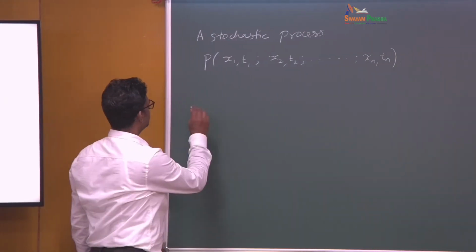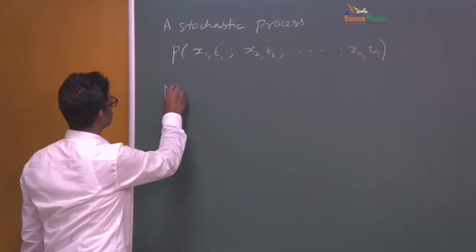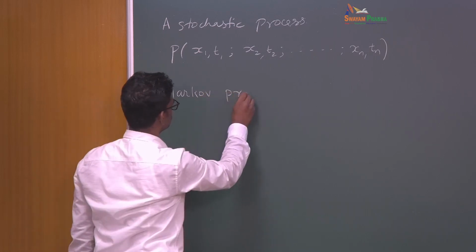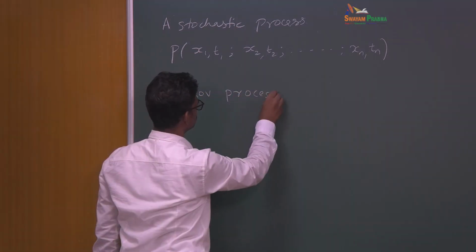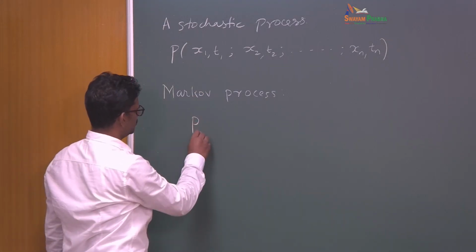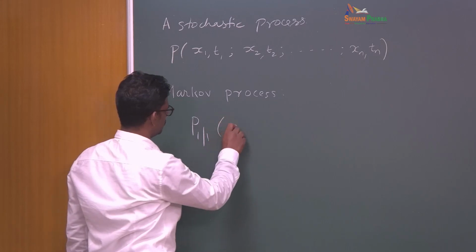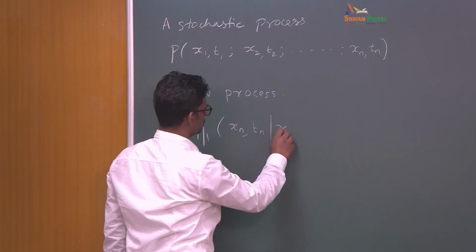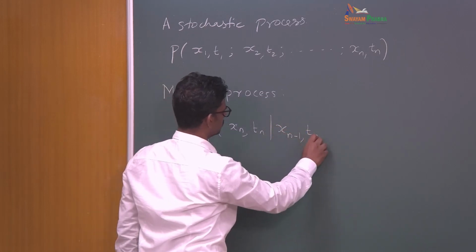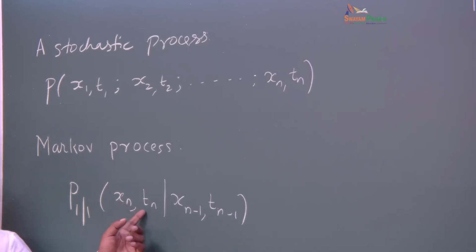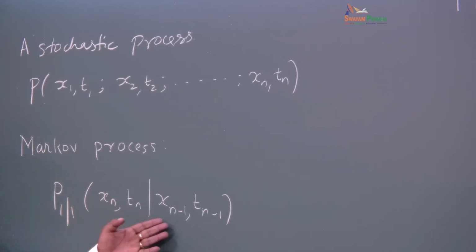Then for a Markov process, we say that the transition probability of xn at tn, the outcome at time tn, depends only on the previous time step, where the state was xn minus 1 at tn minus 1.